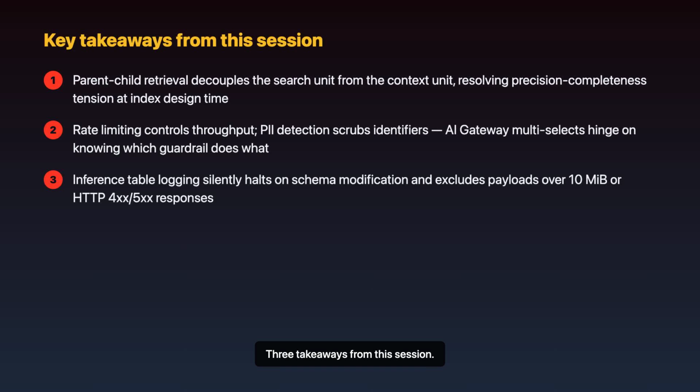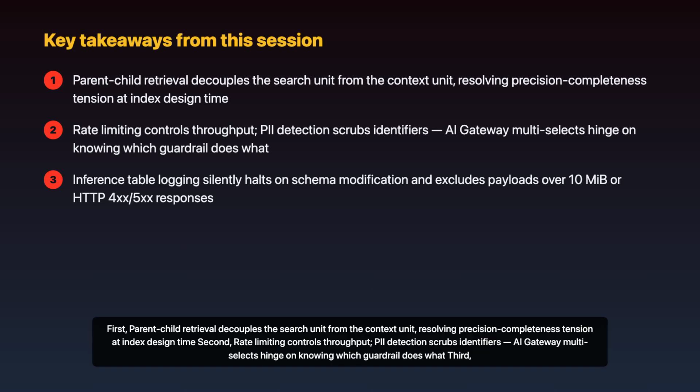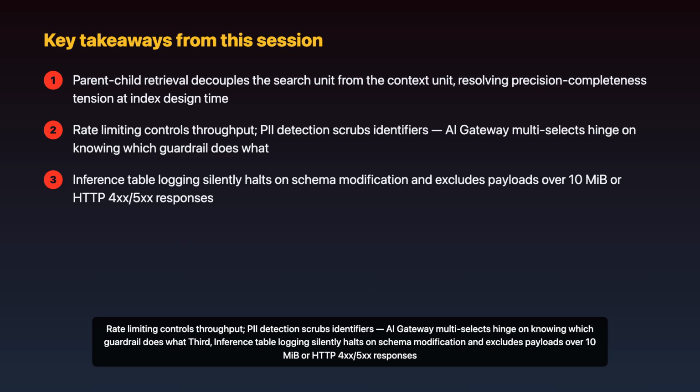3 takeaways from this session. First, parent-child retrieval decouples the search unit from the context unit, resolving precision completeness tension at index design time. Second, rate limiting controls throughput. PII detection scrubs identifiers. AI gateway multi-selects hinge on knowing which guardrail does what.